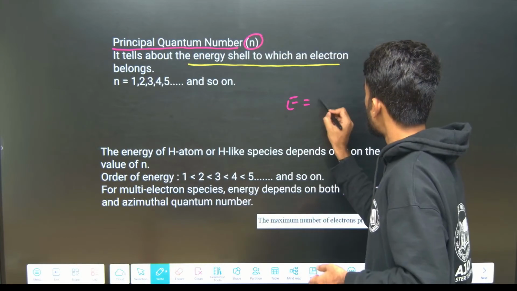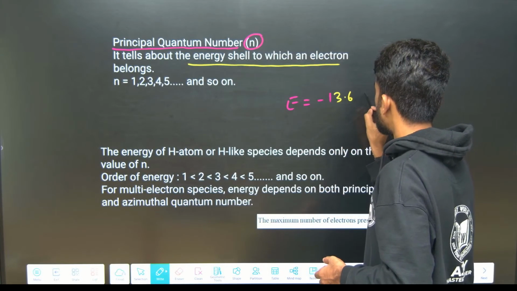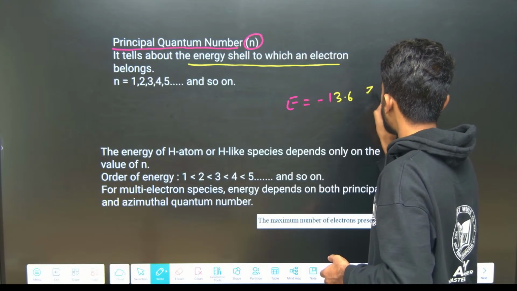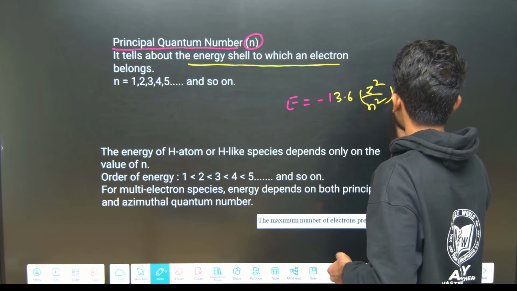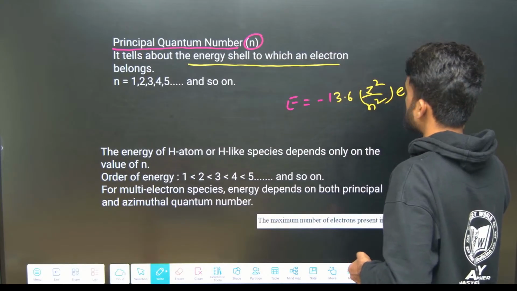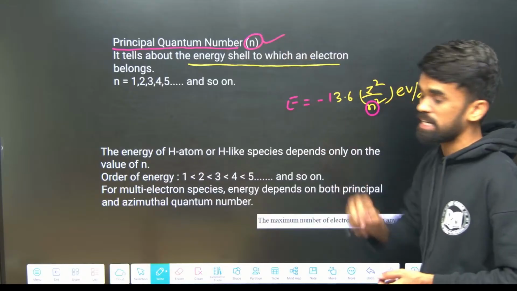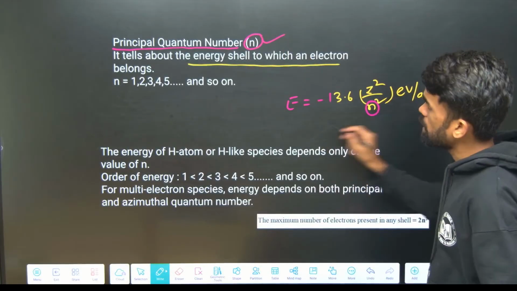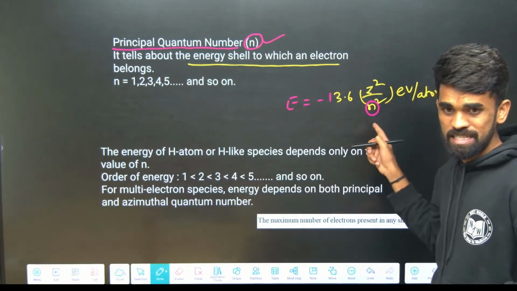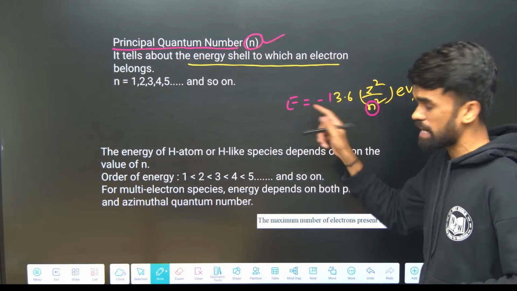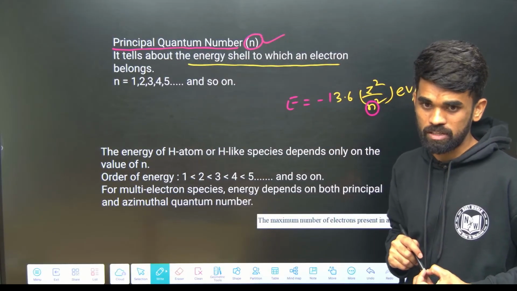E equals minus 13.6 Z square by N square electron volt per atom. This N is nothing but the principal quantum number. So N tells about the energy of the shell. Yes or no? Here N is deciding the energy of that particular electron.